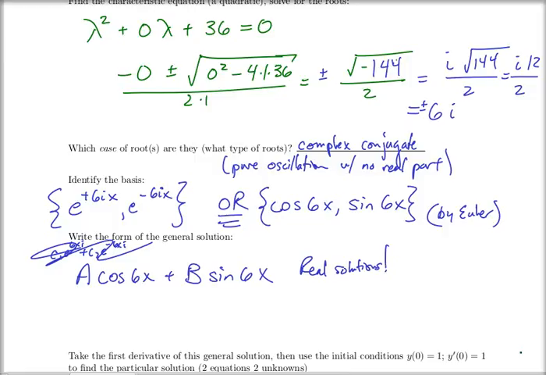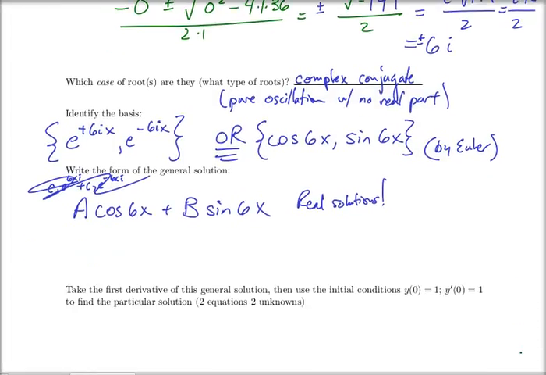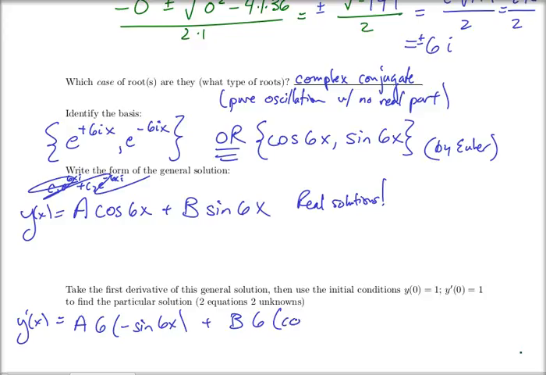Basis. All right, take the first derivative of the general solution. So if we say that that's y of x, the derivative of that is going to be A times 6 times minus sine 6x plus B times 6 times cosine 6x.